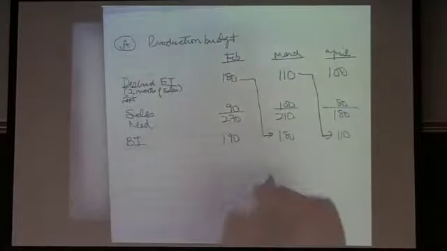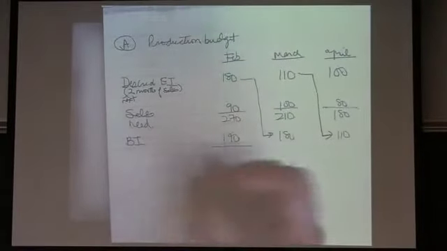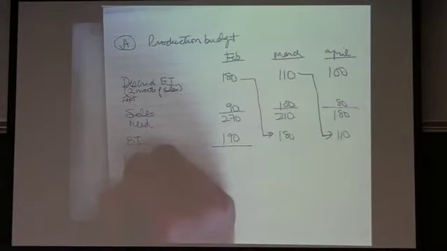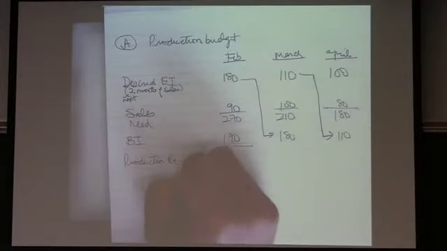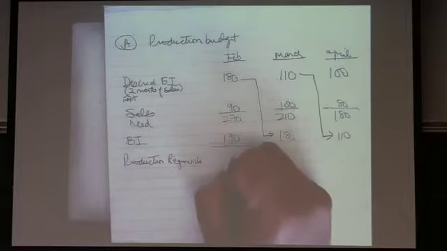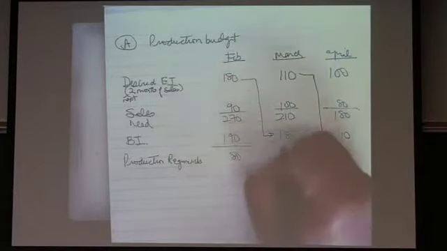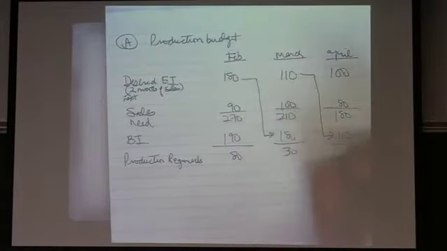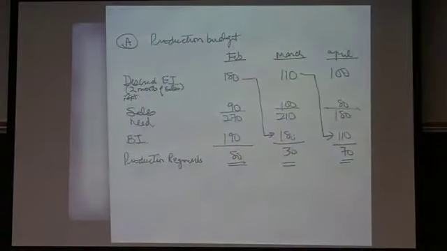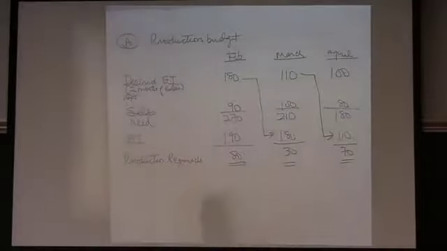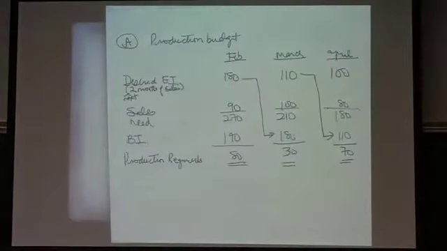And that gives me the production requirements. This will be 80, 30, and 70. So this is how much I'm going to need to produce for each of the months.